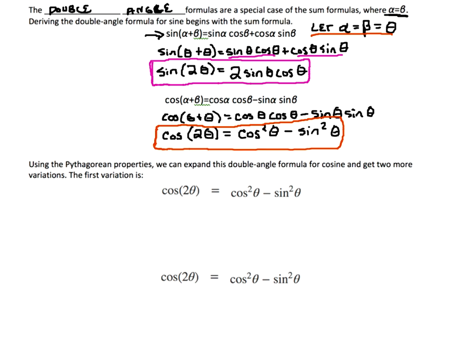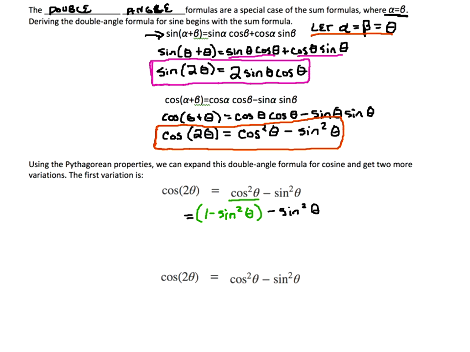The first thing we'll notice is that right here, I can replace cosine squared theta using my Pythagorean identity. I'm going to put that in green so you can see what I replaced. That is also known as 1 minus sine squared theta. And then we're subtracting sine squared theta.